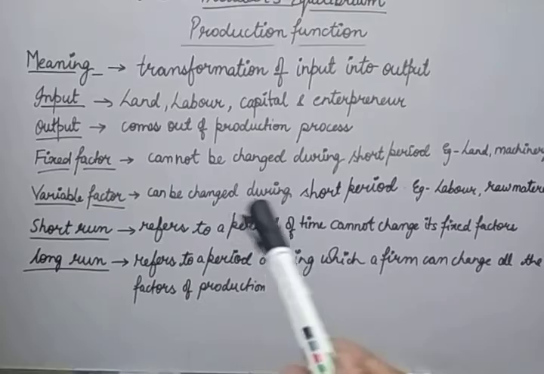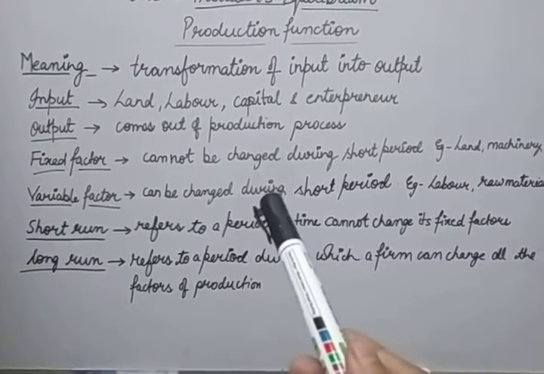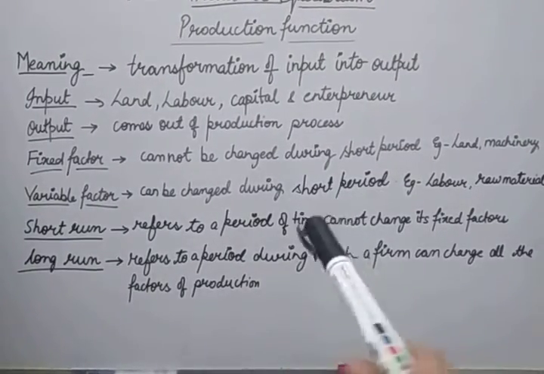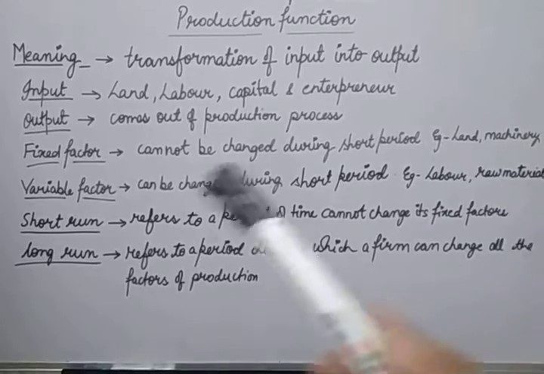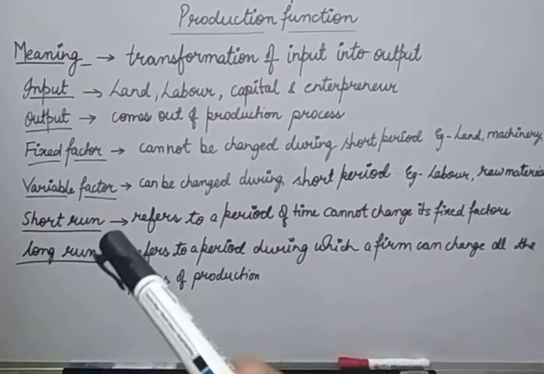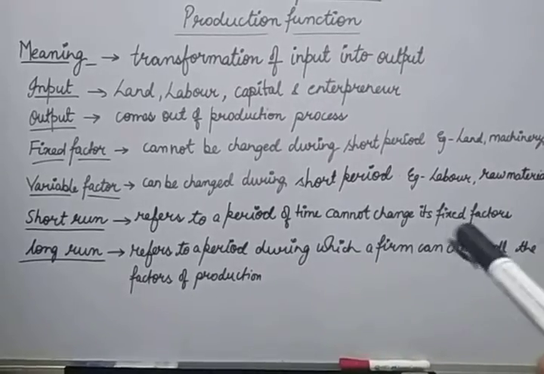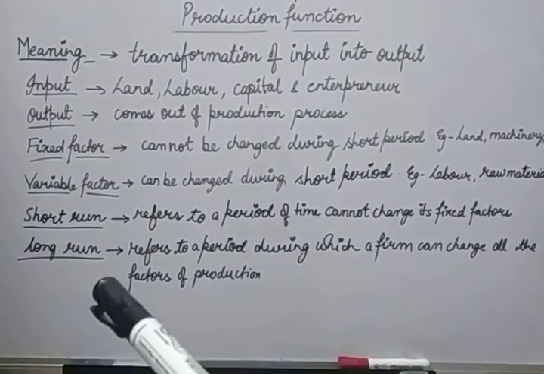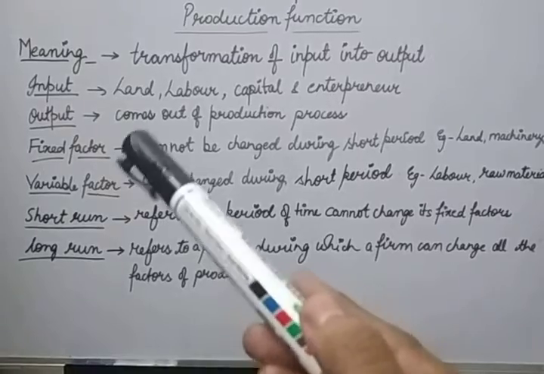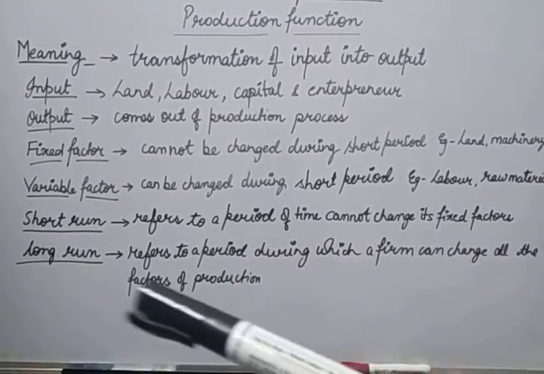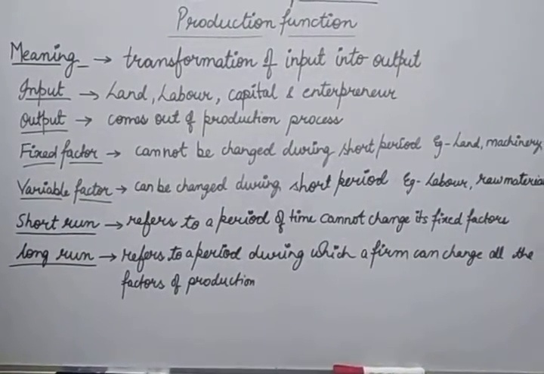Variable factors can be changed during the short period, like labor, raw materials. Short run is the period in which only variable factors can be changed but not the fixed factors. But long run is the period in which fixed factors and variable factors, everything is changeable.